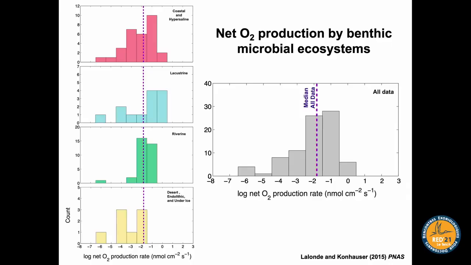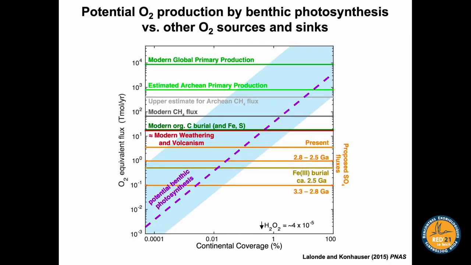So some work by myself and colleagues has looked at these oxygen production rates in different environments, and we can establish a net O2 production rate as a function of surface colonized. What gets really interesting is when you extrapolate this oxygen production rate by microbial mat communities to large parts of the continents.